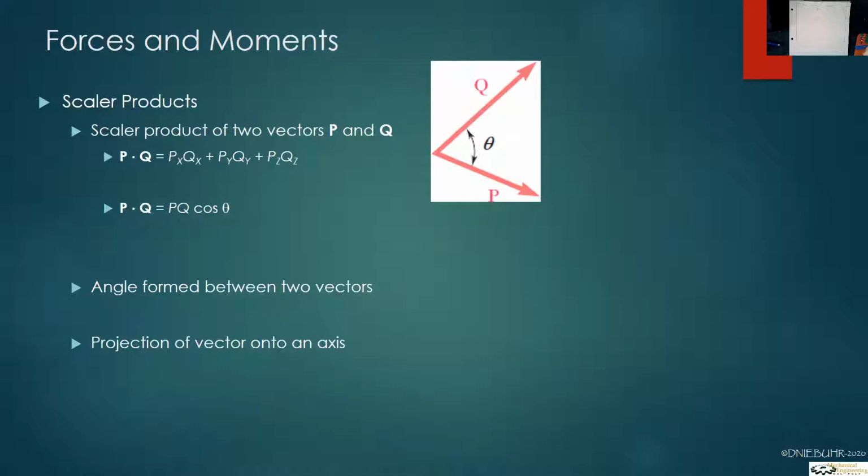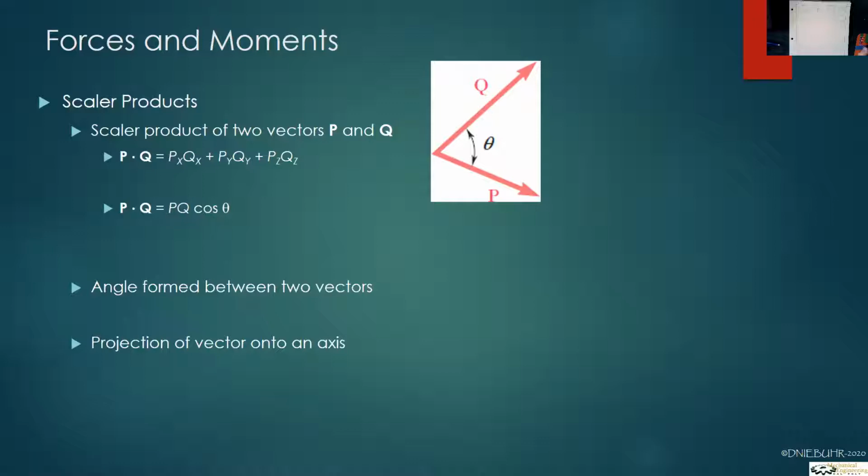In this first equation, P dot Q, to get that value, we simply take the X components multiplied, add the Y components multiplied, and add the Z components multiplied. We know this because I dot I, J dot J, or K dot K is equal to 1. This second equation is how we can relate the angle between the two vectors.